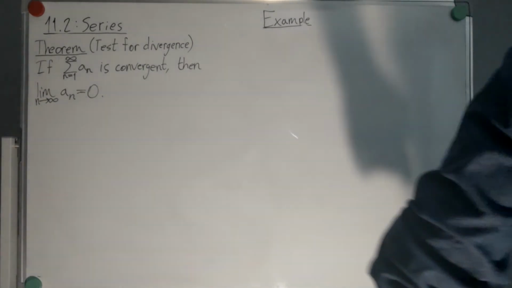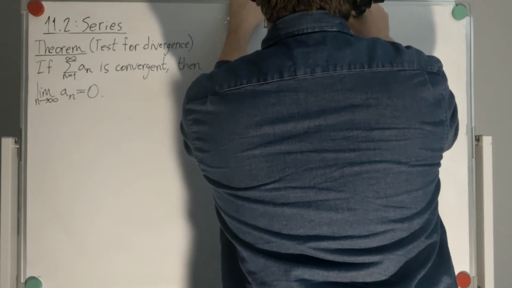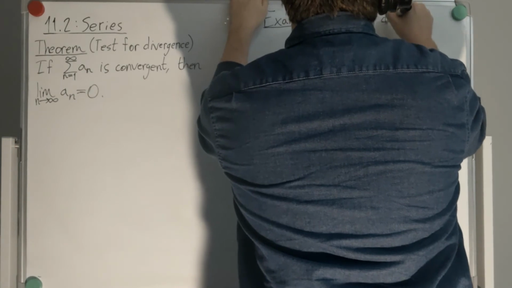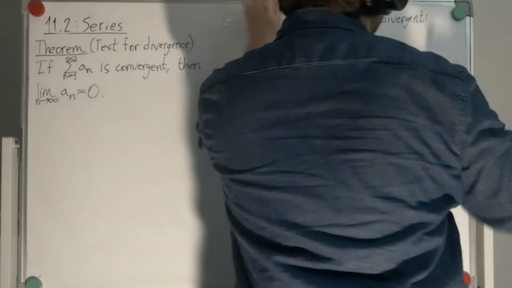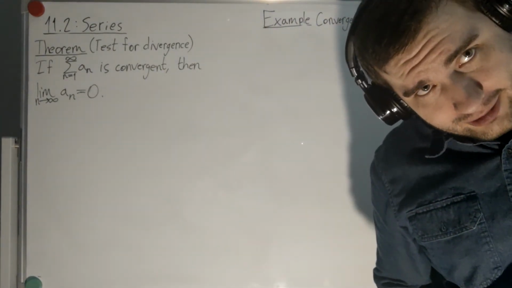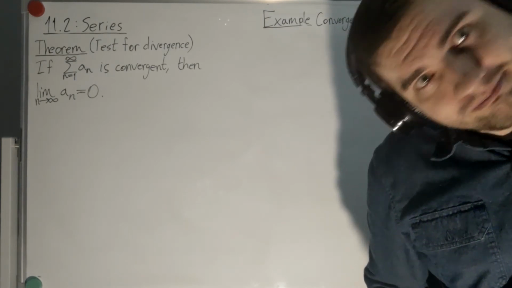So we're going to ask whether this thing is convergent or divergent. And if it is convergent, we're going to find its sum. Although based on what I just told you, we're not really going to find its sum. And so that means we're going to show that it's divergent.